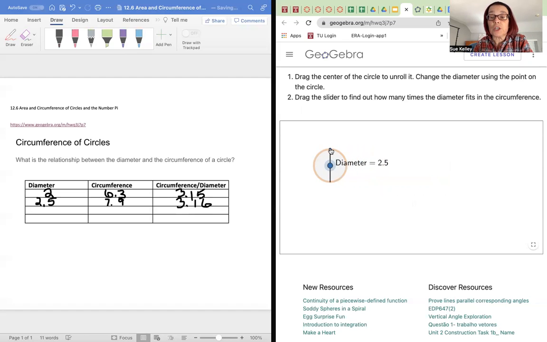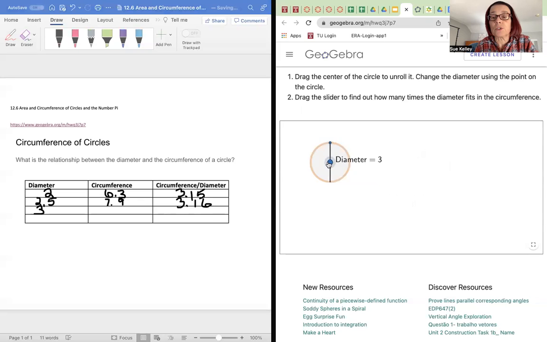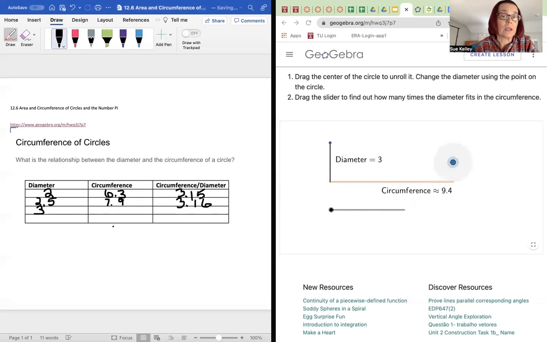Again, I'm going to go over here and reset everything. Now I'm going to change my diameter to 3. Sounds like a nice even number. So my diameter is 3. Let's drag it out. We see our circumference is 9.4 this time. 9.4. Whoops, having a little trouble writing a 4, but you get the idea.